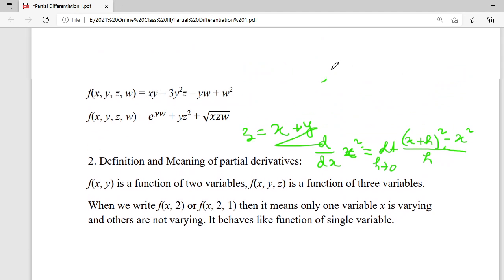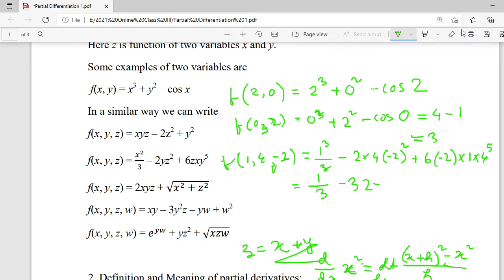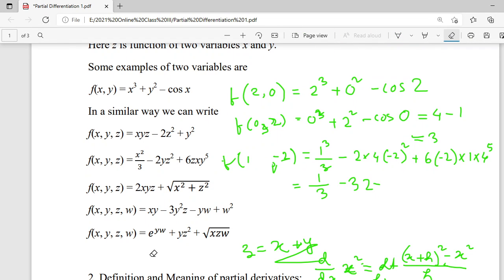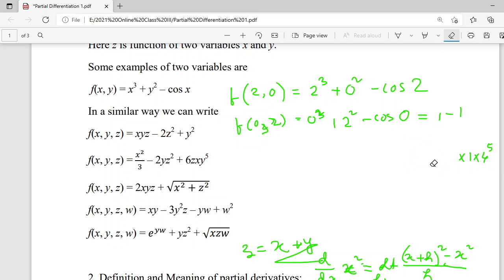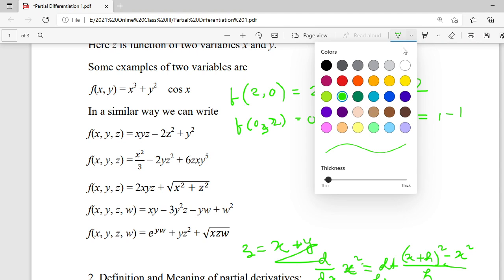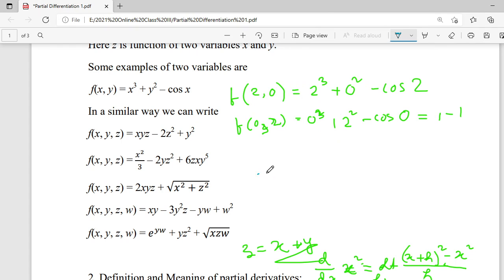In this case, what we do, we write partial derivative, since two variables are there, of x plus y.